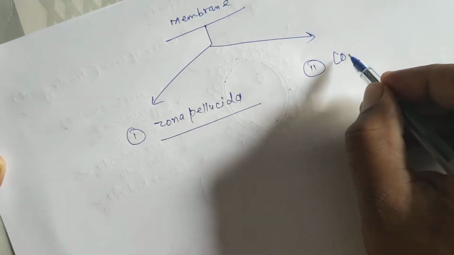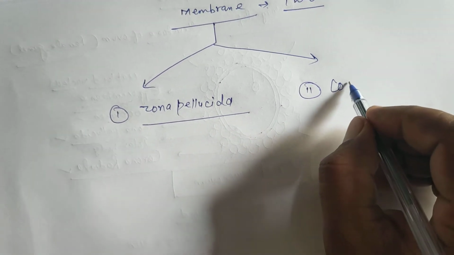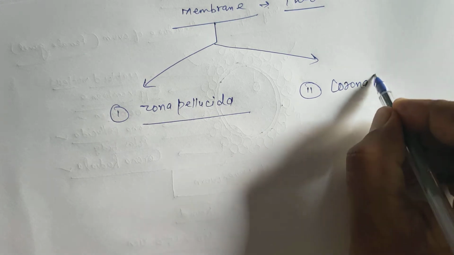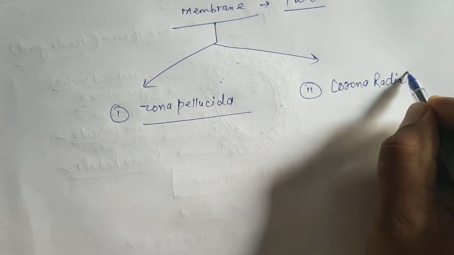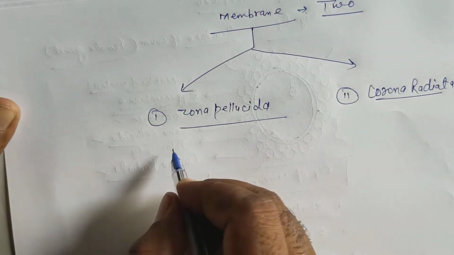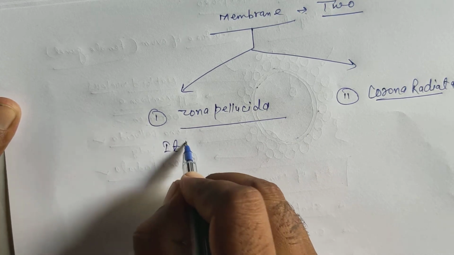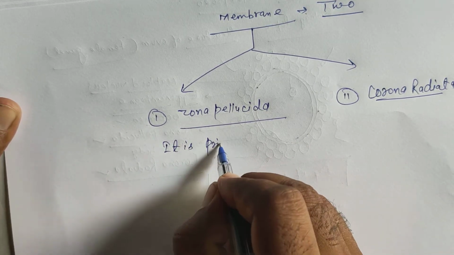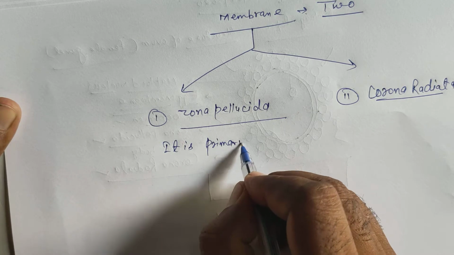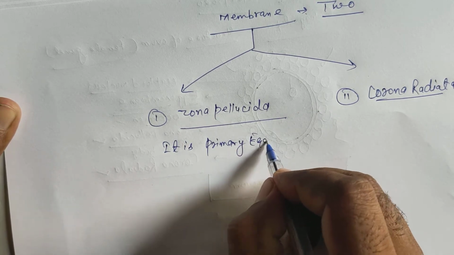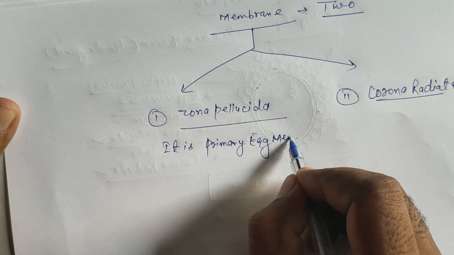Second is corona radiata. It is primary egg membrane.